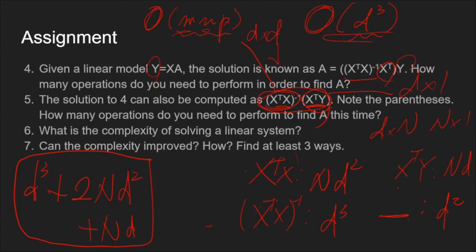So as a result, we have the same d cubed. Okay, that's something we cannot avoid. But then the other terms, if we compare them together, we have quite a bit of improvement, because what used to be nd squared has become d squared. And when n is really large, that's actually quite a bit of improvement.